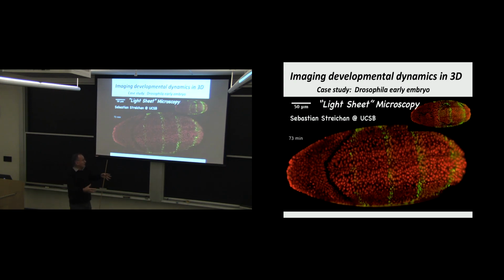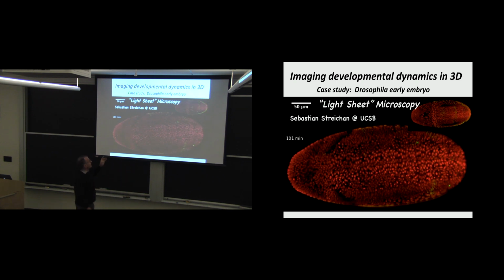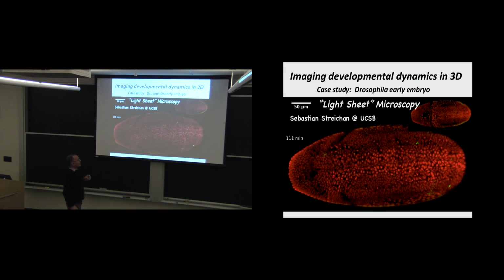So cells are basically moving like crazy on the surface, and this image comes from light sheet microscopy, so we're actually seeing both the ventral side and the dorsal side, and all the sides are available in that data.